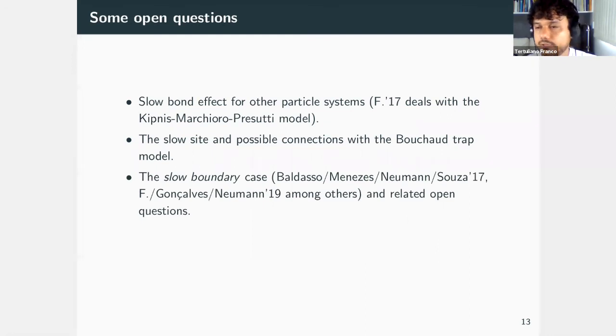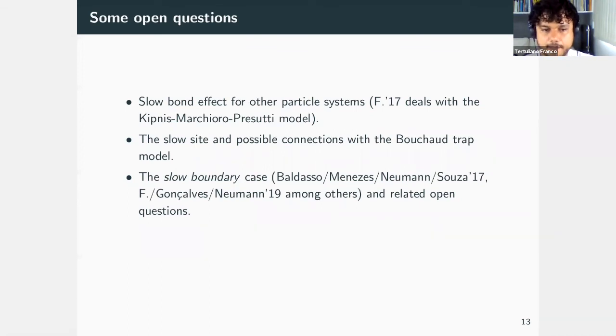You have this slow boundary case. I did speak about it. The first paper is from Baldasso, Menezes, Neumann, Souza in 2017, on the dynamic limit of this slow boundary, where the extremes of the box are connected to some reservoirs, and the exchange of particles with these reservoirs is slowed by a factor n to the beta.